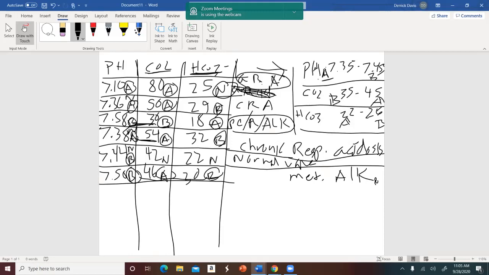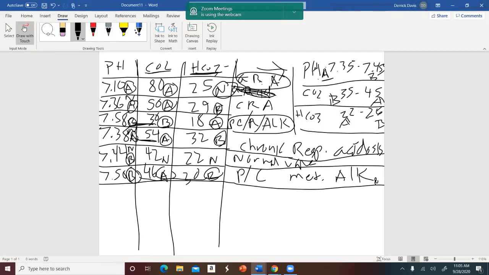All right. Now, since the pH is off, I know it's not chronic. So it's either partially compensated or acute. Well, in this situation, both the CO2 and the bicarb are going in opposite directions, and neither of them are within normal levels. So this is a partially compensated metabolic alkalosis, right?